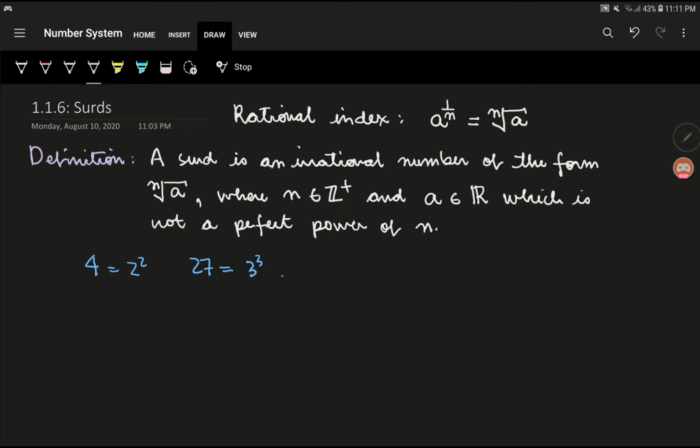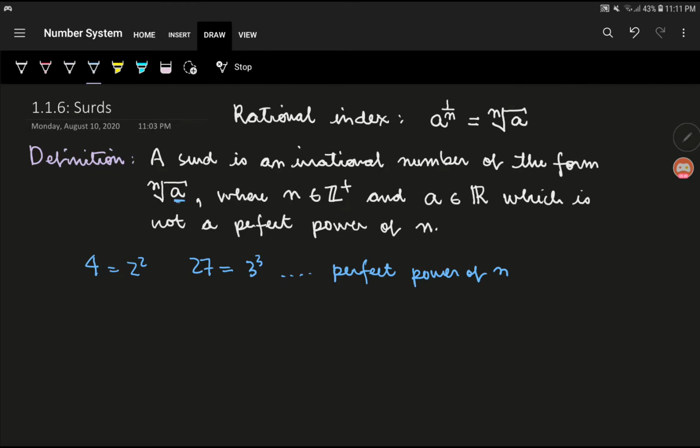So this kind of number, we call a perfect power of n. The condition for a surd is that a must not be a perfect power of n.